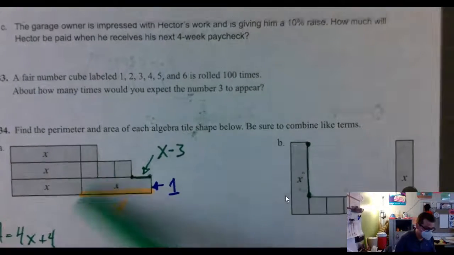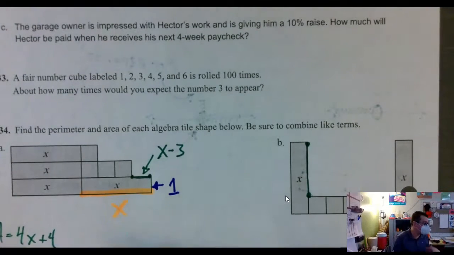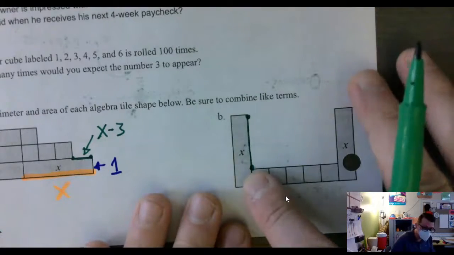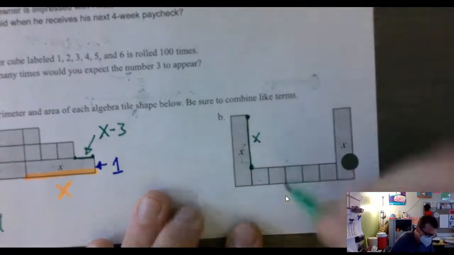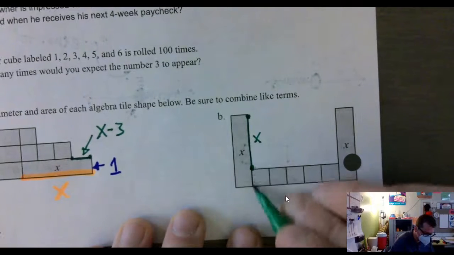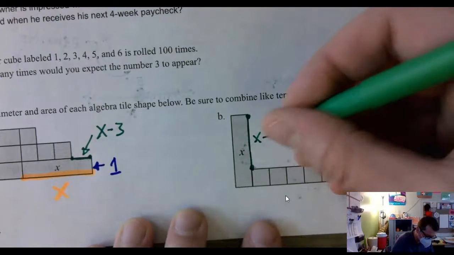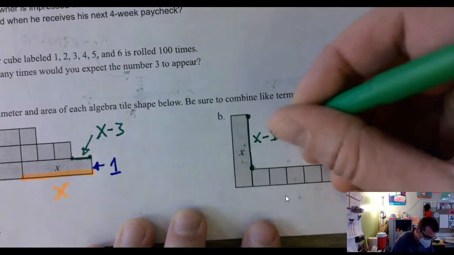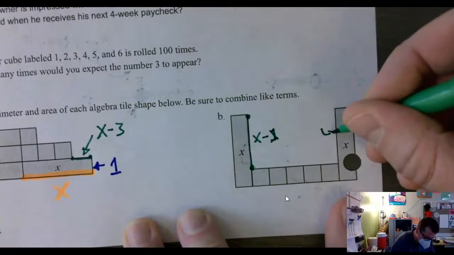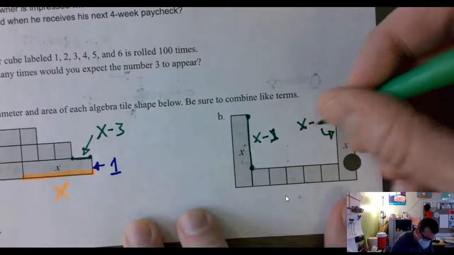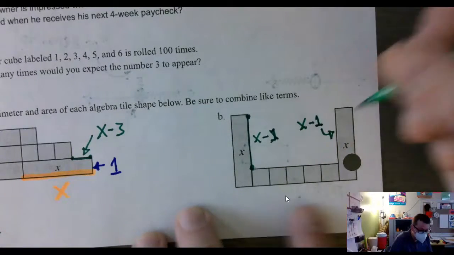So then I'm not going to do the rest of this one for you because I need to be able to see if you can label it correctly. If you can't, come work with me. But over here, this would be x, except for it's missing how much? 1. Sorry, that's x minus 1. And over here would be x minus 1.